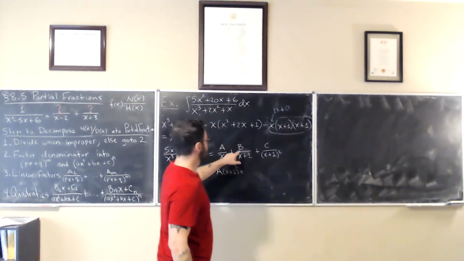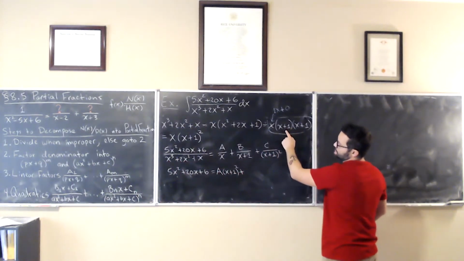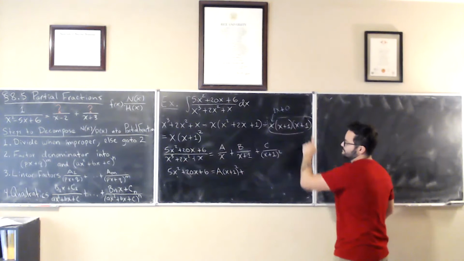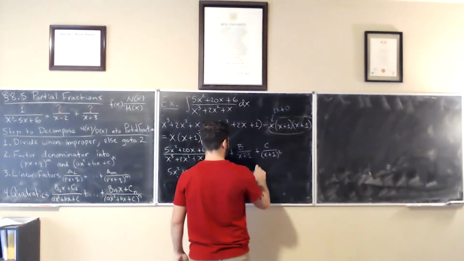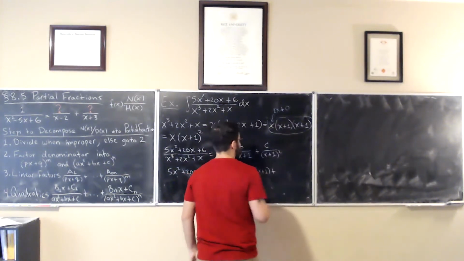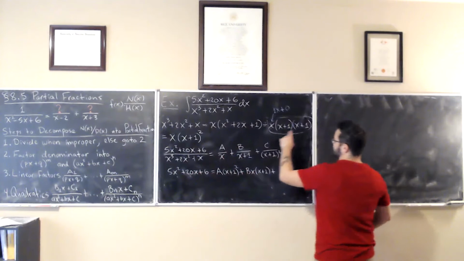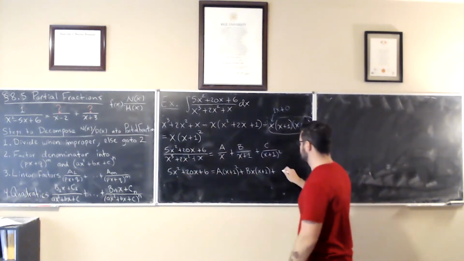If I multiply B over x plus 1 times this, one of the x plus 1s will divide out, and I'll be left with x times x plus 1. And if I multiply this piece by that, both x plus 1s will divide out, and I'll just be left with x.